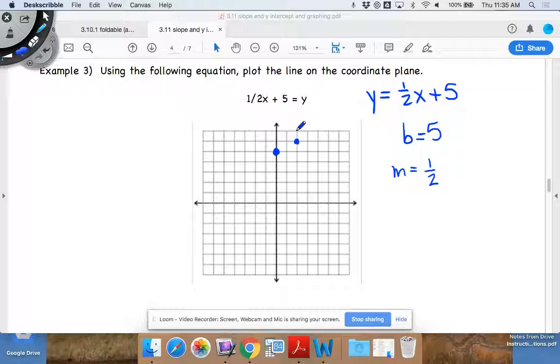Yep, so I'm going to rise 1 and run 2. So I kind of ran out of room. So what could I do to get some more dots? I could go down 1 and left 2. So once I have those dots, I can draw my line. And that's it for today.